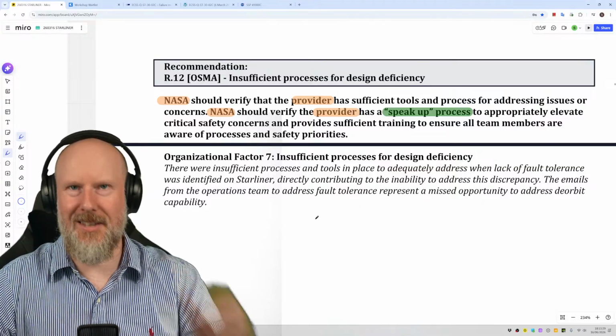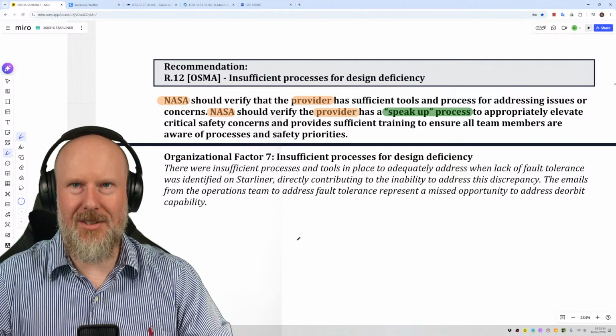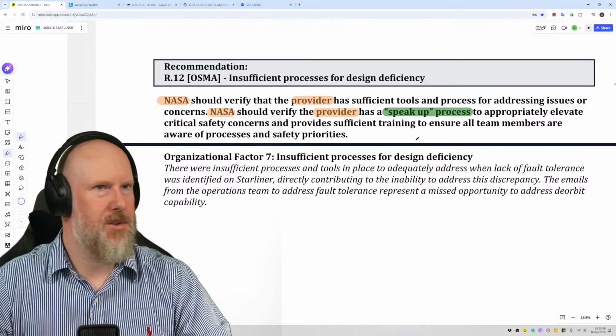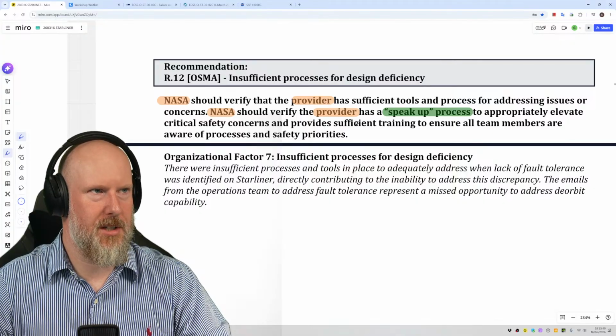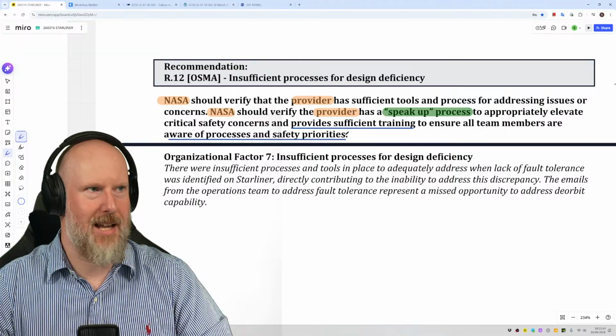So it's nice in theory, but how it's actually implemented and practiced is critical. So to appropriately elevate critical safety concerns and provide sufficient training to ensure all team members are aware of processes and safety priorities.